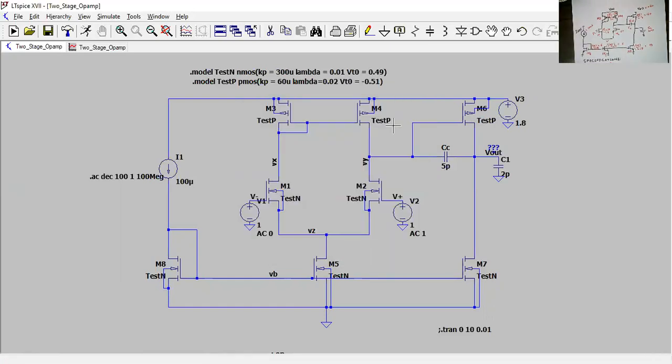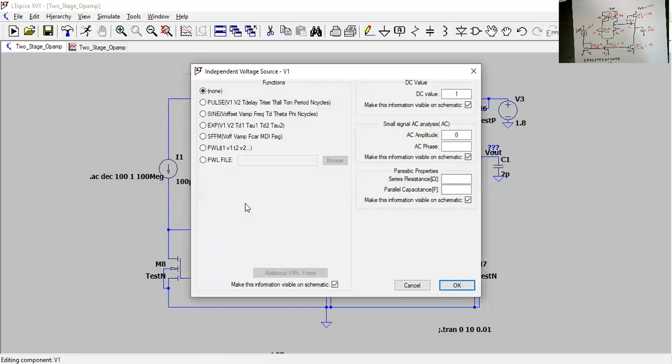The one important thing I want to show you is how to give the input voltage. For both inputs, we place two voltage sources. On the negative side, we place a DC voltage of 1 volt. This value should lie within your input common mode range.